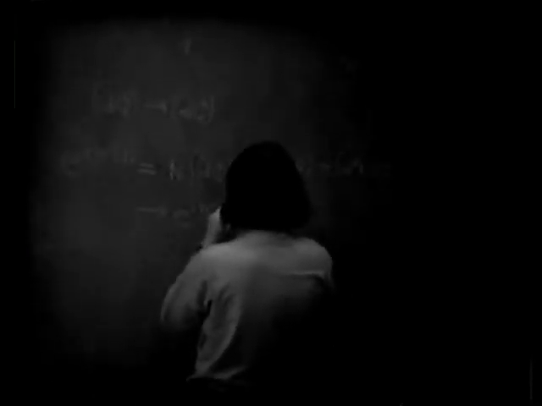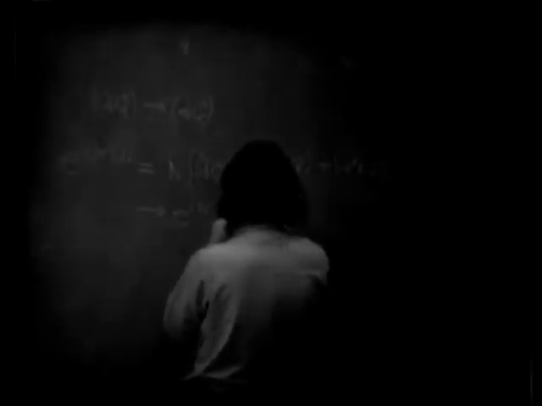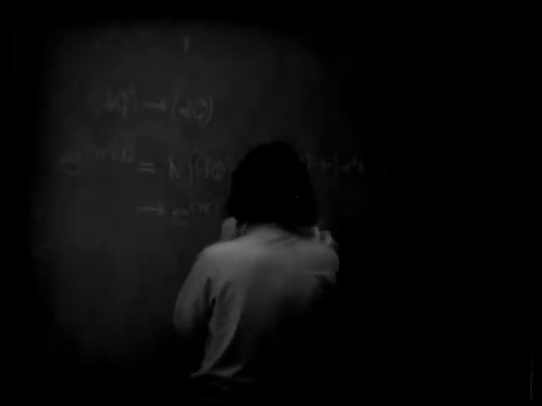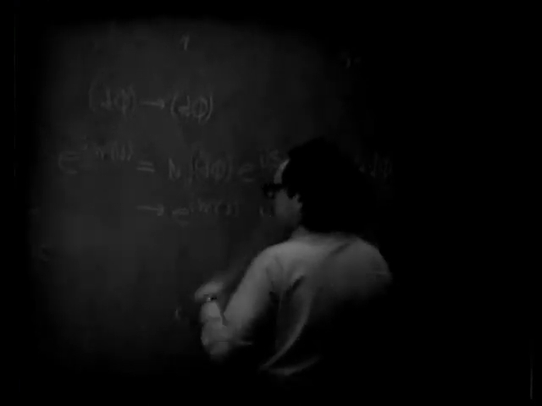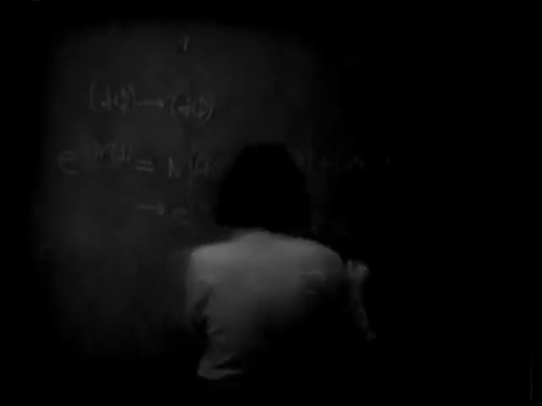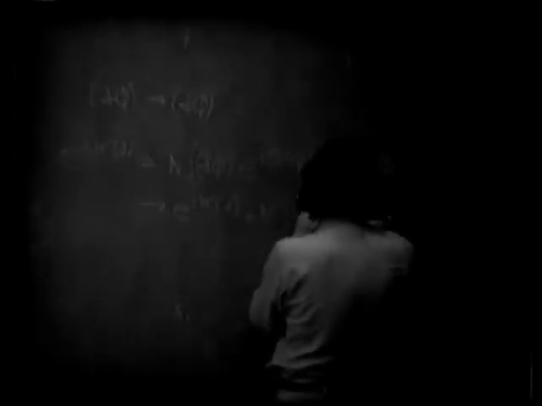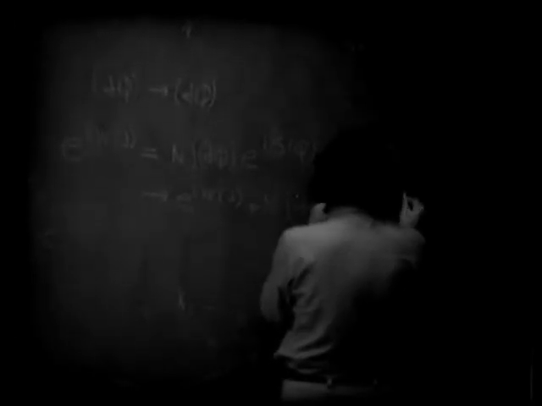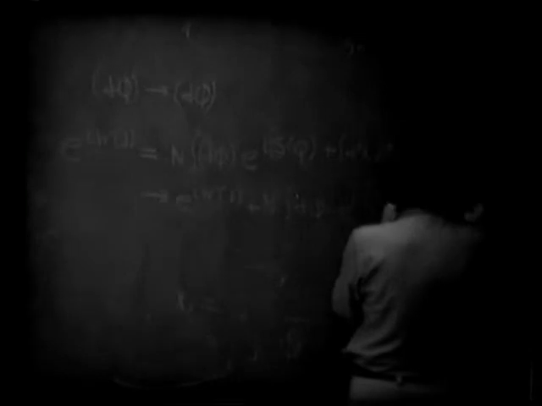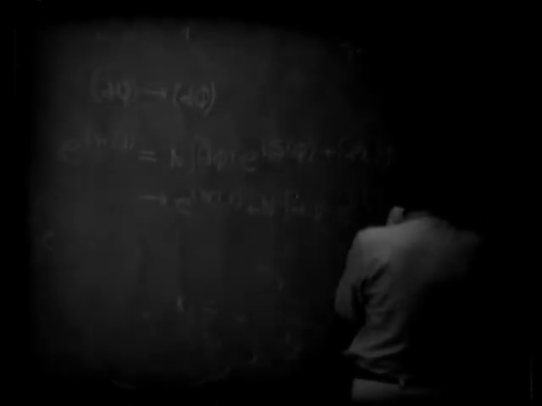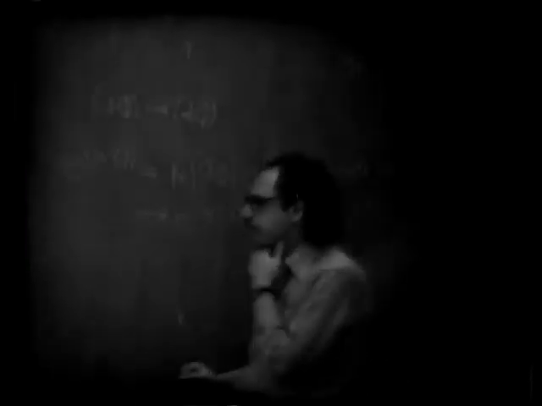So I will obtain the normalization factor, integral d phi, e to the i S of phi plus integral d4x j phi. Now here come all the extra terms, and since they're first order in delta chi, I can expand out the exponential and bring them down.